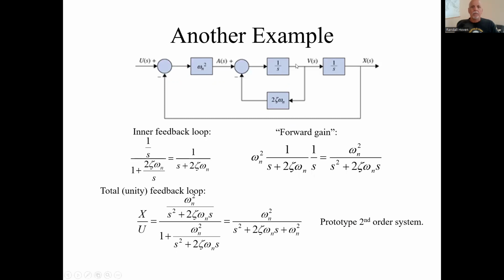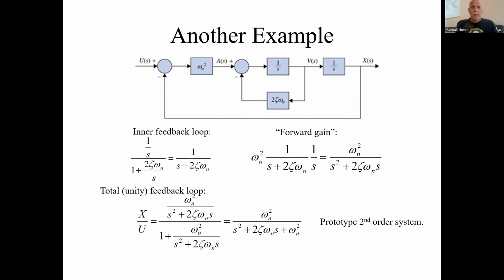What about this guy? Well, you can see it's also in that basic feedback configuration. In this case, there's no block in the feedback path, so the feedback gain is effectively 1. Here you have a little inner loop that is also in the configuration of that basic feedback.